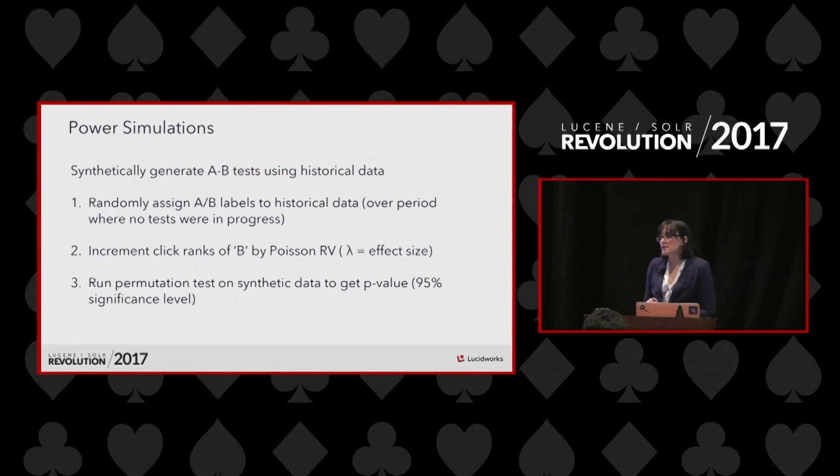The way we do this is by synthetically generating A/B tests using historical data. First, we identify some period of time when no tests were in progress. Let's say we have 8 weeks of data where there was no testing. We can use this as the pool of click data for our simulations.